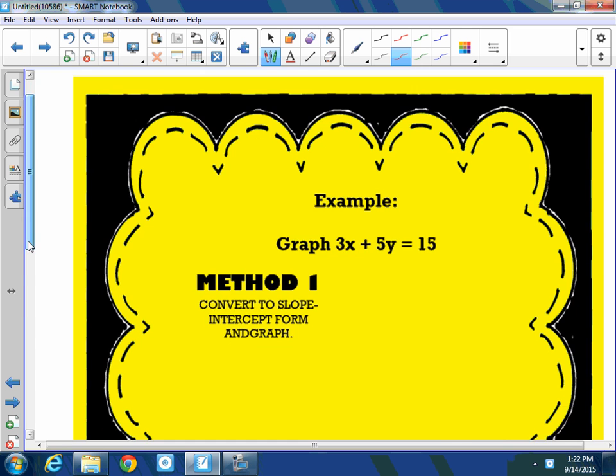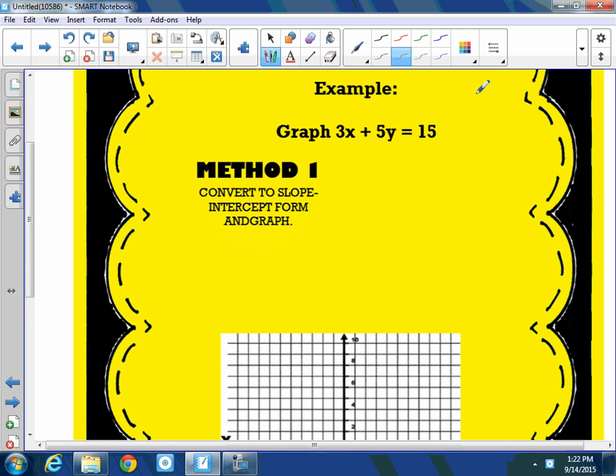So for method 1, I'm going to solve for y and change it into slope-intercept form. Remember, slope-intercept form is y = mx + b. So I'm going to subtract the term that's with the x.